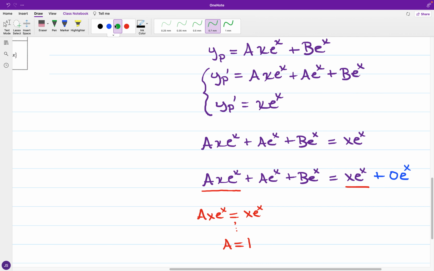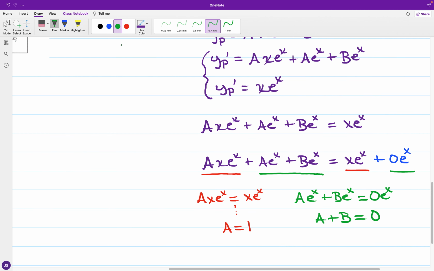Now for the e to the x terms, I have a e to the x plus b e to the x, and to the right I have 0. So in effect I have a e to the x plus b times e to the x is equal to 0 times e to the x, and we can just divide out the e to the x and say that we have a plus b is equal to 0.